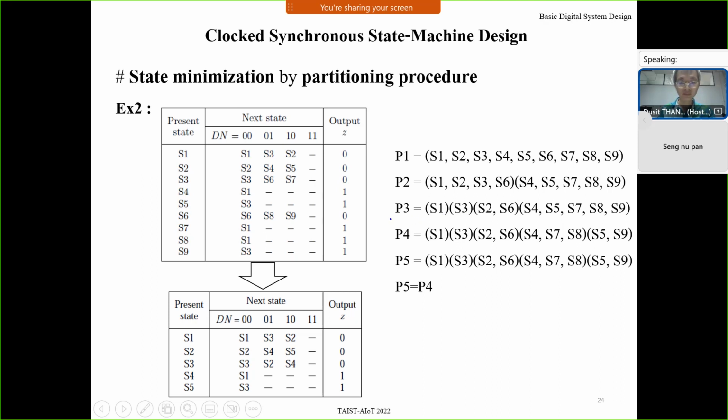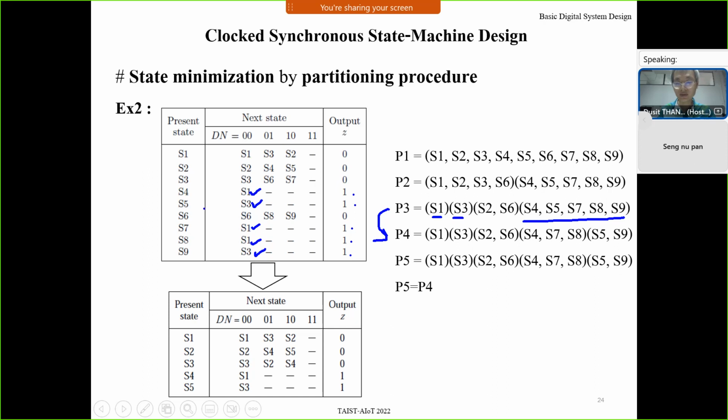And from P3 to P4, you consider this set of states that give logic 1 output, right? 4, 5, 7, 8, 9. What is the next state? 1, 3, 1, 1, 3. But 1 and 3 are not equivalent together, right?